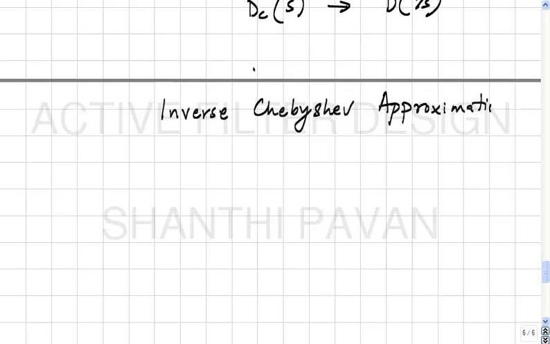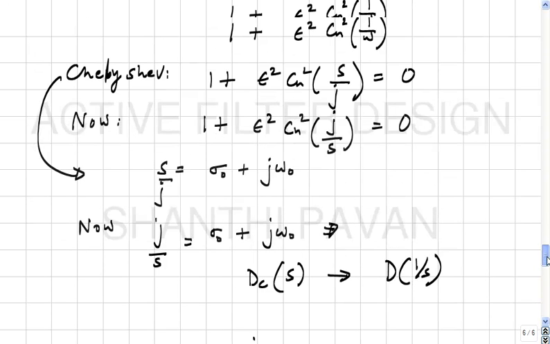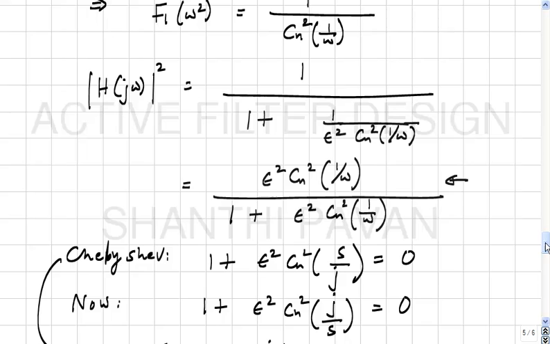How will you find the numerator? You know Cn of 1 by omega.